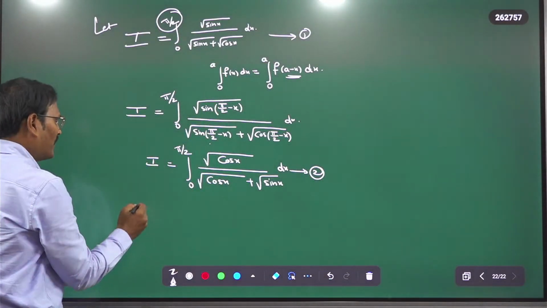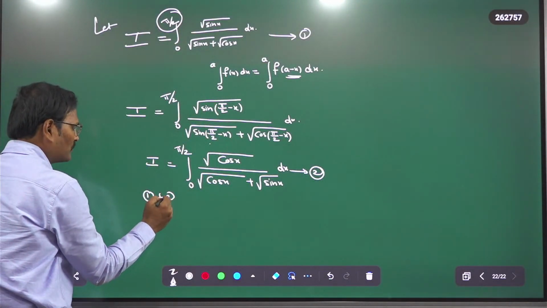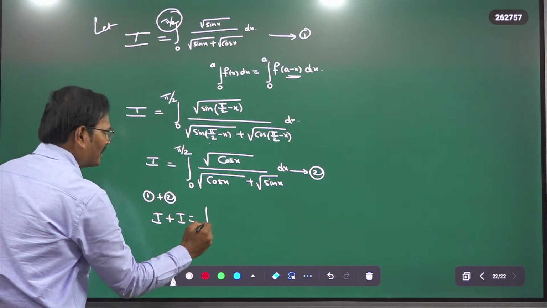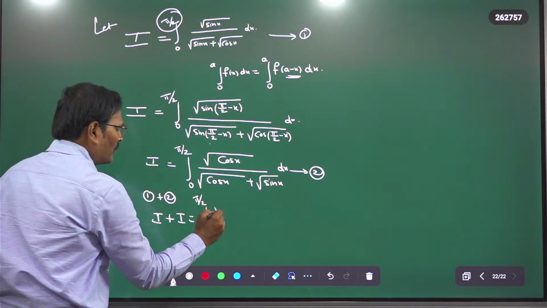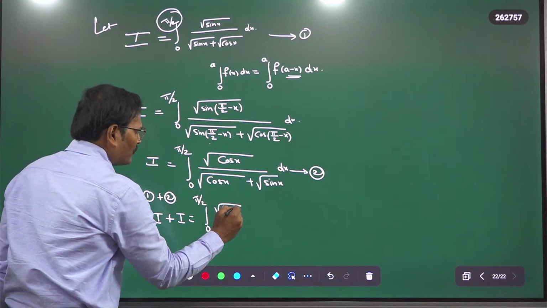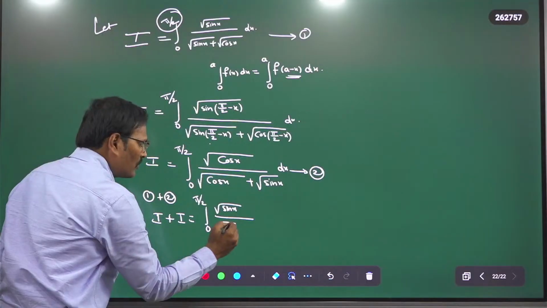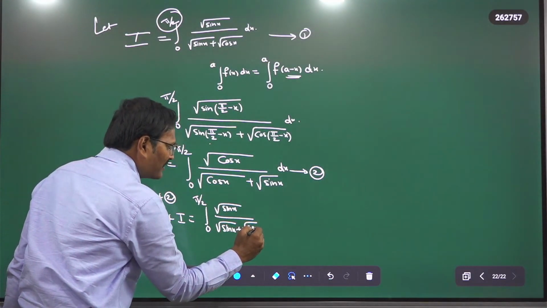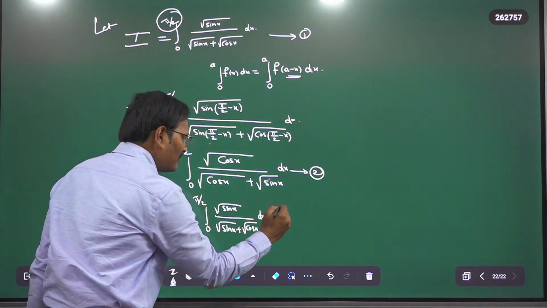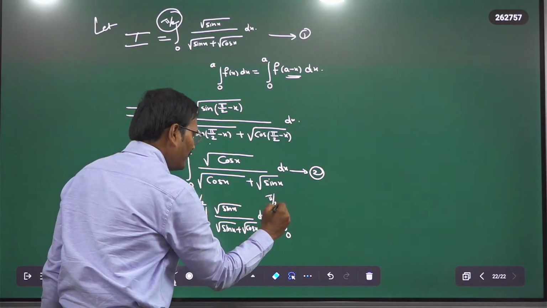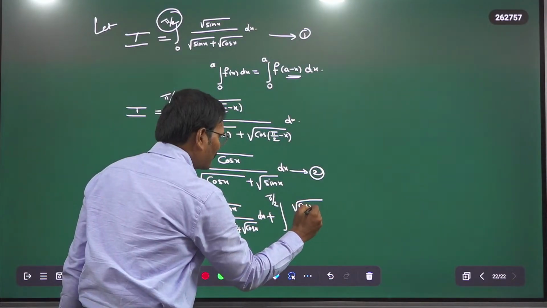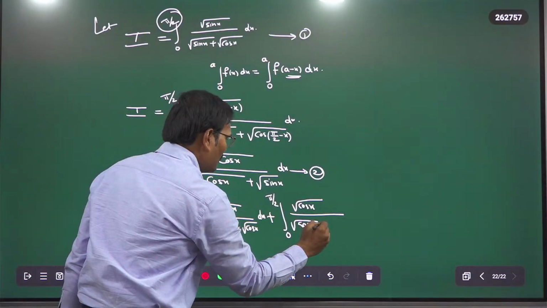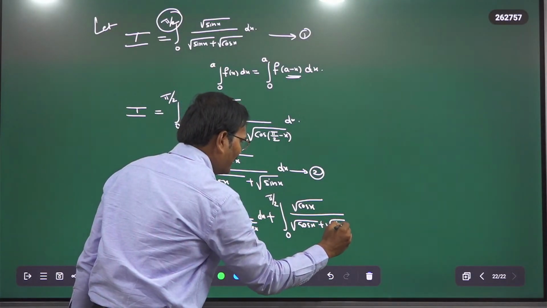Now adding 1 and 2. So 1 plus 2: I plus I is equal to integral 0 to pi by 2 root of sin x by root sin x plus root cos x dx plus integral 0 to pi by 2 root cos x by root cos x plus root sin x dx.